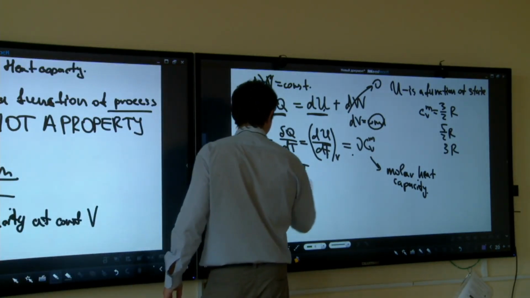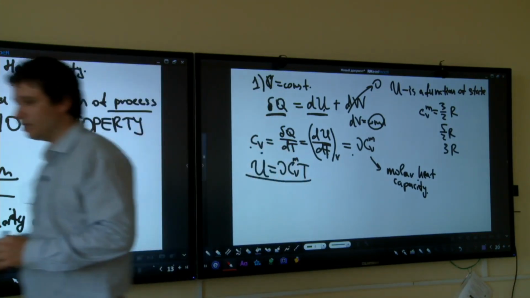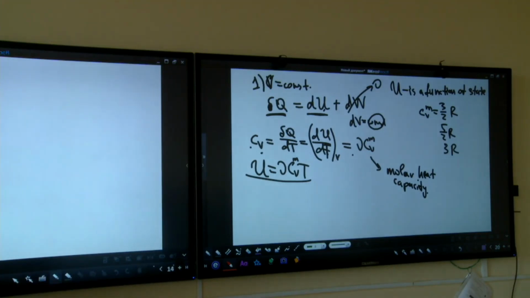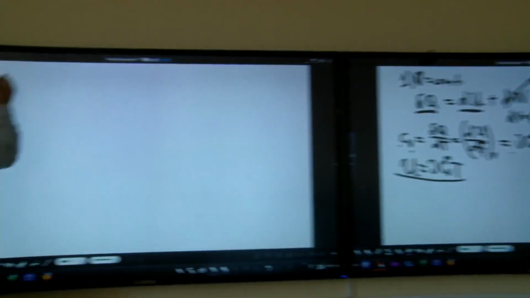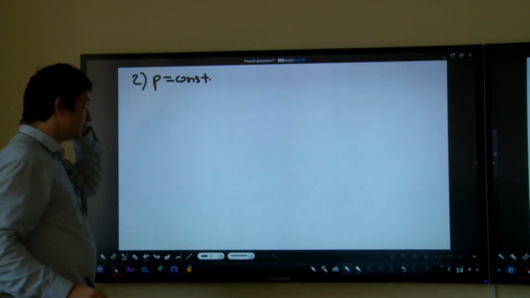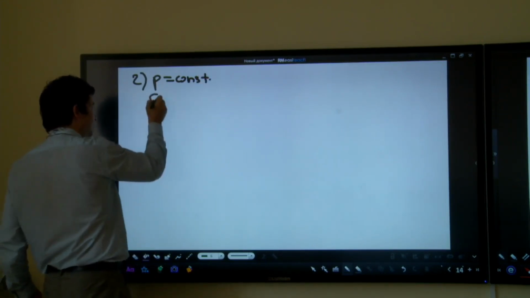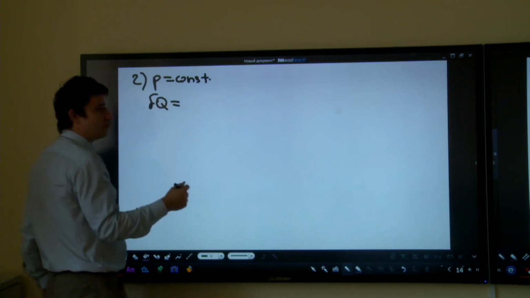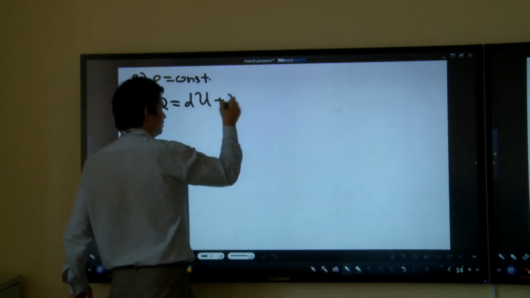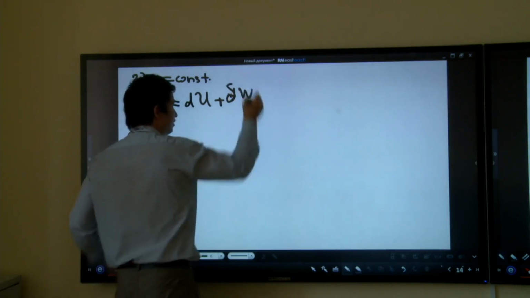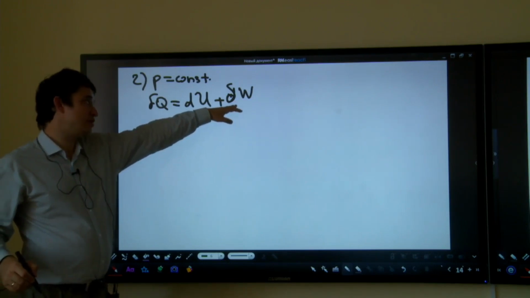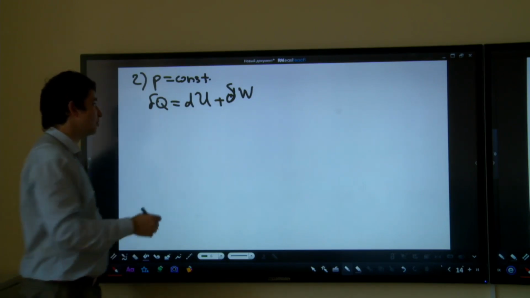Good. Now let's proceed and consider the isobaric process. P equals const. The equation of the first law of thermodynamics would be dU plus P delta V. Work is also something which depends on the details of the process. That's why I write delta here.